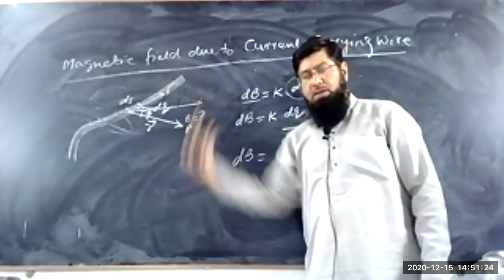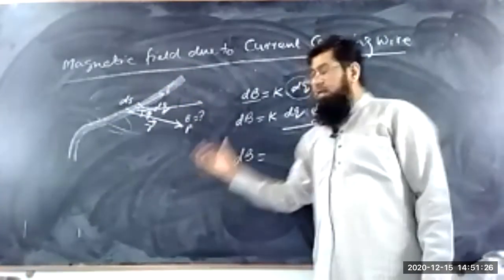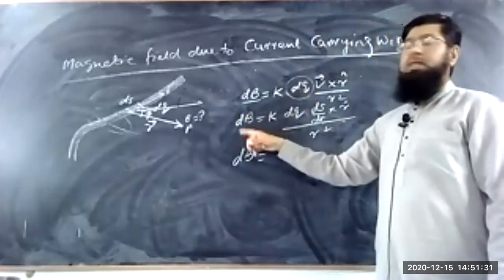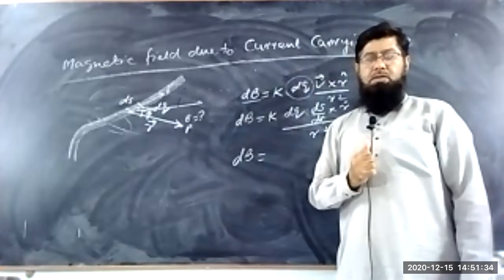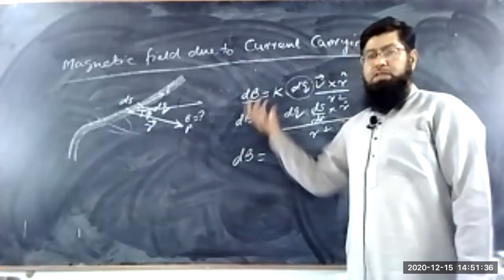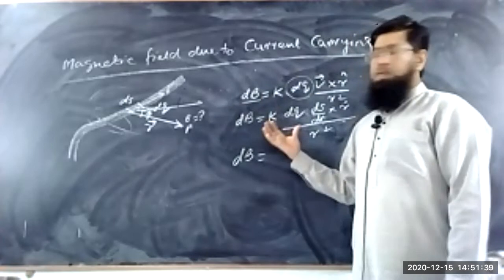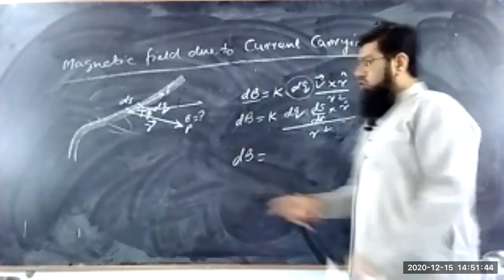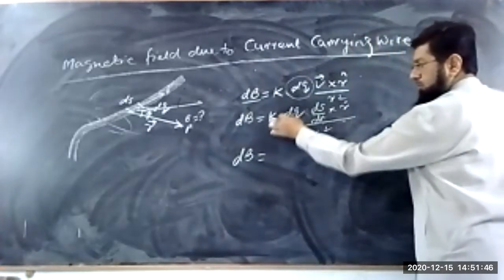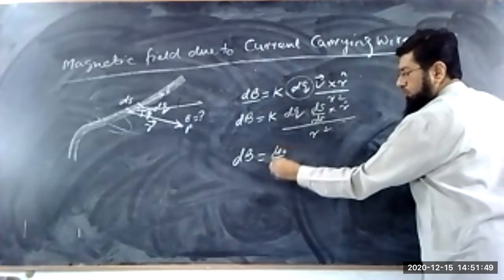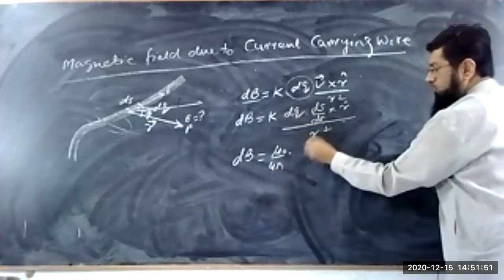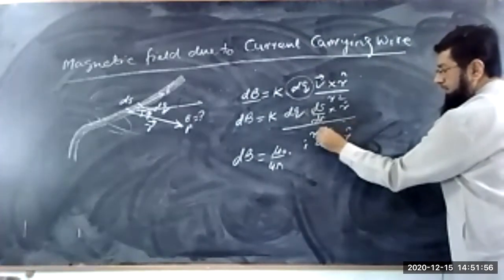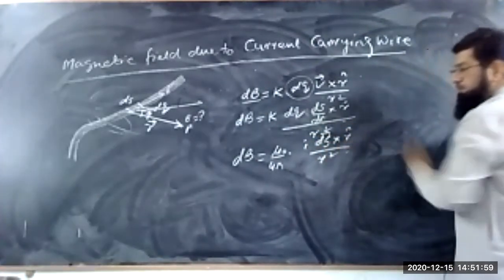So we have to develop the relation using Biot-Savart law, in which the magnetic field B is not associated with charge but is associated with the current. The relation is the same, the physics behind it is the same, just we have to transform the charge into the form of the current. So here dB is equal to, k is equal to mu naught over 4 pi, into dq over dt is I, into ds multiplied by unit vector upon r square.